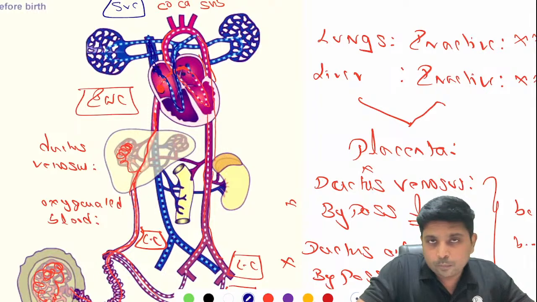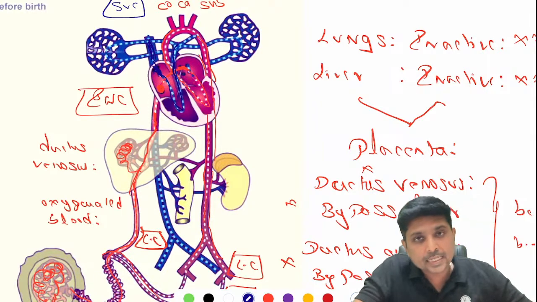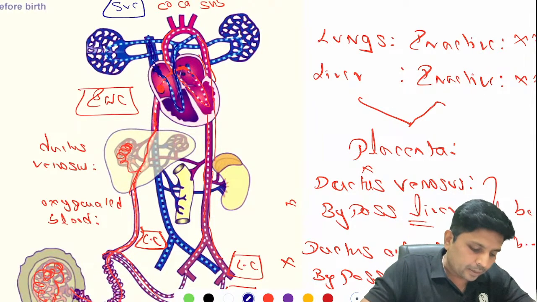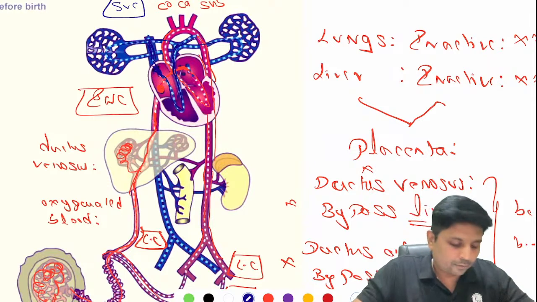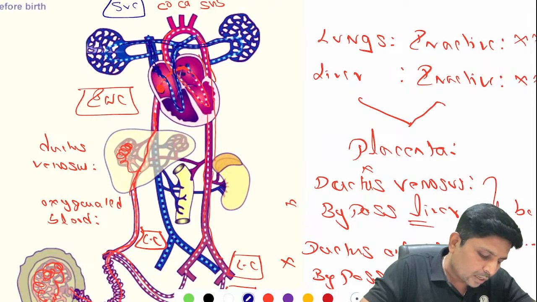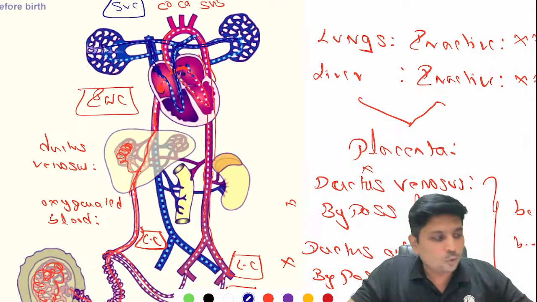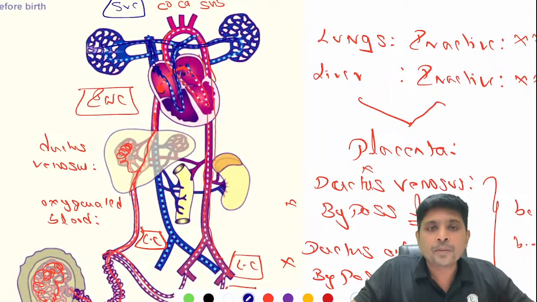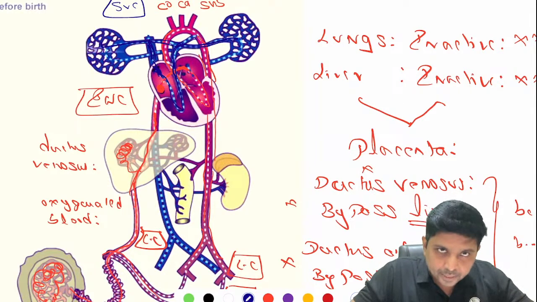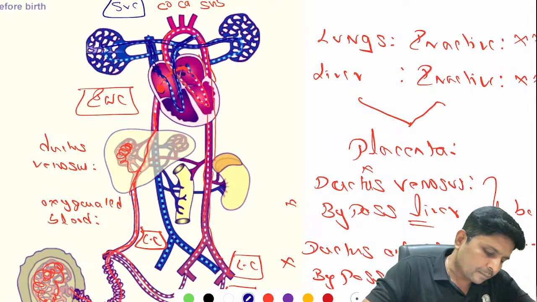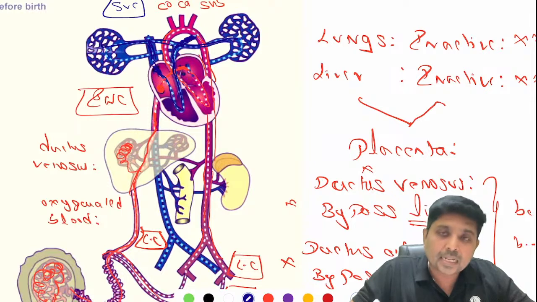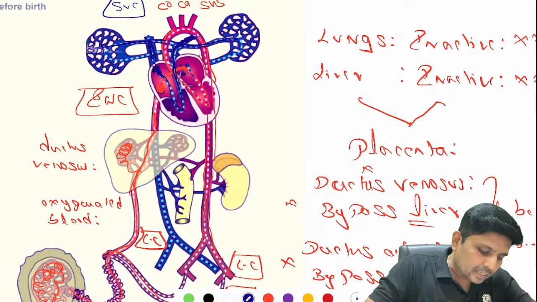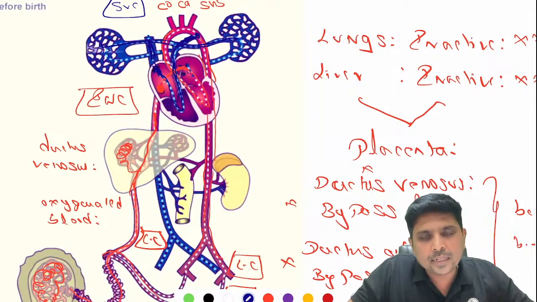But remember, almost 90% of the blood that reaches the pulmonary artery, instead of going into the lungs, bypasses through the ductus arteriosus and reaches the descending aorta. Only 10% will go to the lungs.